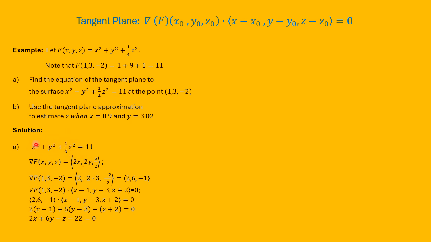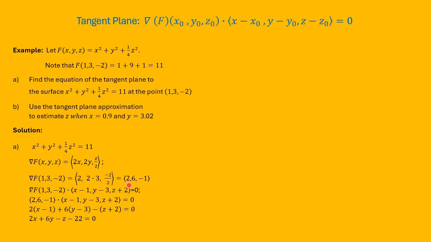The partial derivative of this stuff with respect to z is 1/2 z, z over 2. Now let's evaluate that gradient of f at 1, 3, minus 2. So substituting x equals 1, y equals 3, and z equals minus 2 into this formula up here, we get 2 times 1, 2 times 3, and minus 2 over 2.